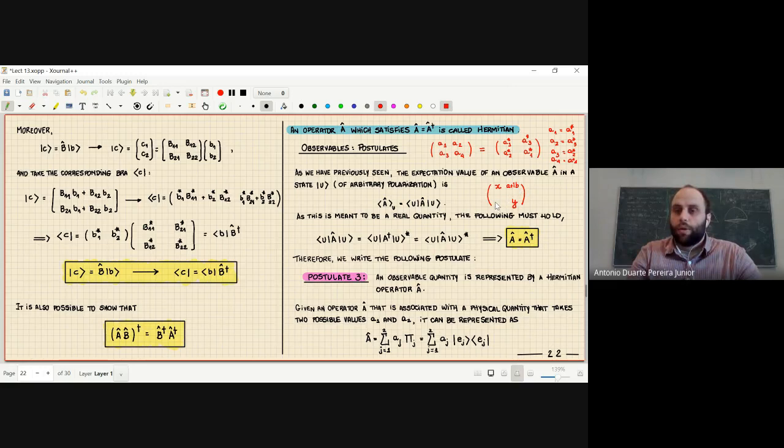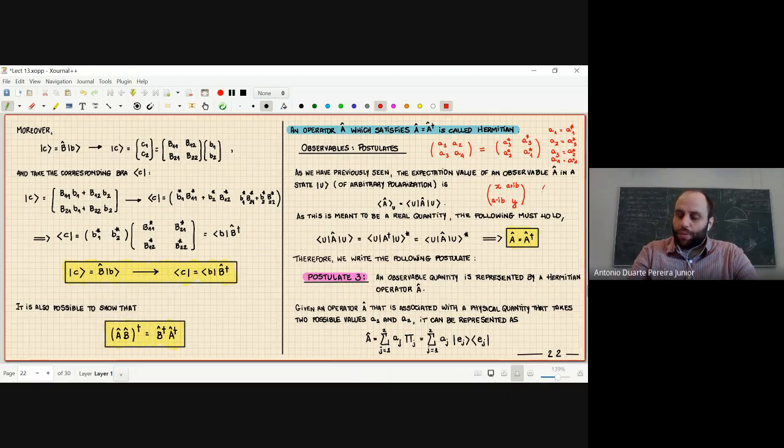And the other off-diagonal term must be the complex conjugate of this term here. So it must be A minus IB. So this is the general structure of a Hermitian matrix. Okay, the diagonal is real, and the terms that are off diagonal must be the complex conjugate of each other.